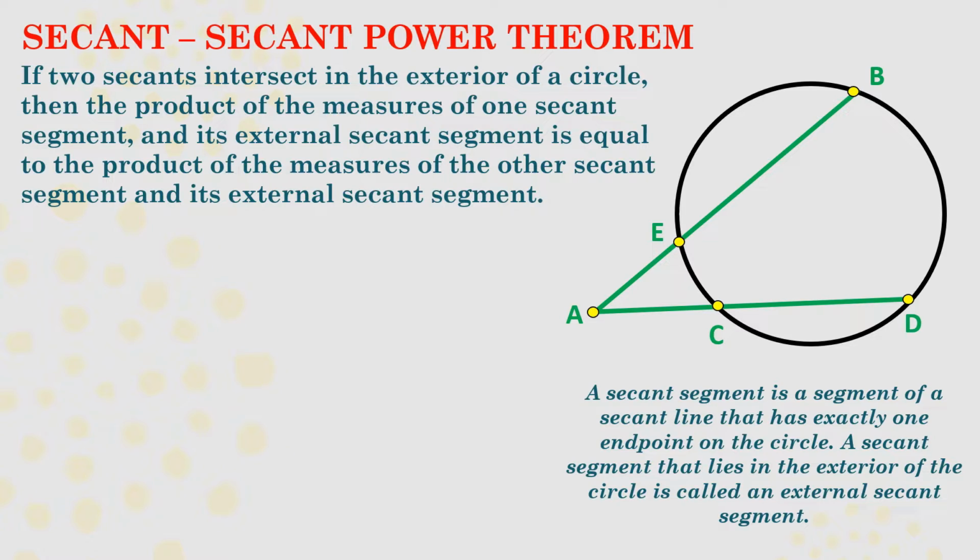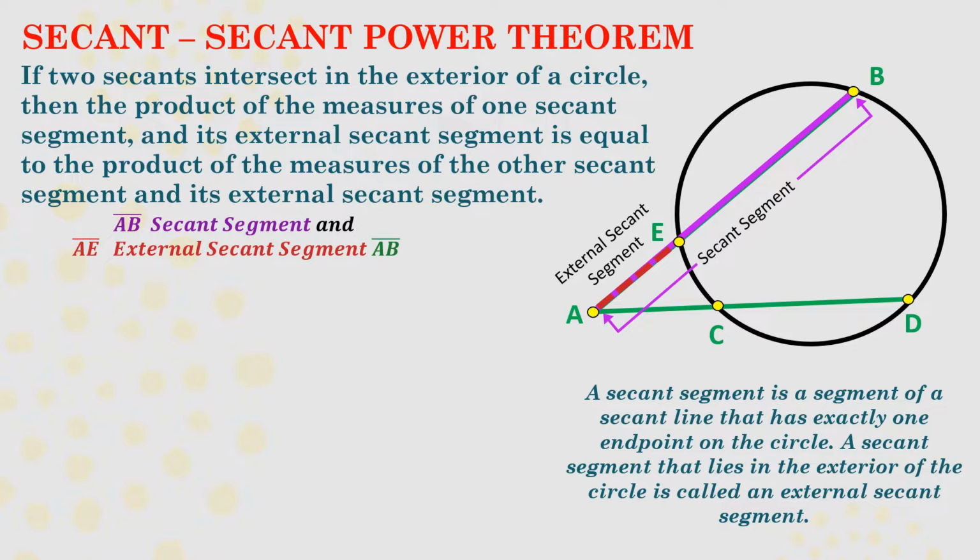On our figure, an example of a secant segment is segment AB. Then if you have a secant segment, you will have a part that lies in the exterior of the circle, and this is called the external secant segment. On our secant segment AB, segment AE is our external secant segment.